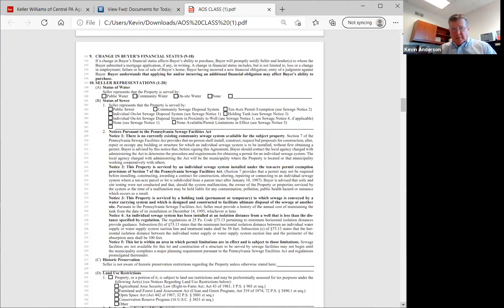And then if you have an individual on-lot septic, there are different kinds. If you go down through paragraph 10B2, the notice is pursuant to the Pennsylvania Sewage Facilities Act. It describes these different scenarios. If you're dealing with rural properties, pay a lot of attention to this.